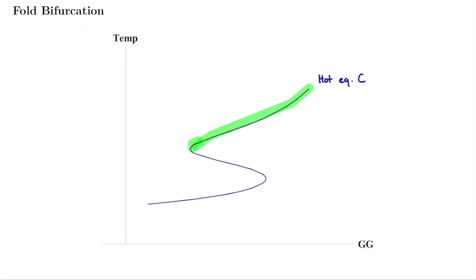The middle branch corresponded to the equilibrium solution B. That was an unstable equilibrium, so in reality, you would never expect to see the Earth there because a slight perturbation would cause it to leave B and go to either A or C. And then the bottom branch was our cold equilibrium A. So both A and C were stable sinks on our phase line.